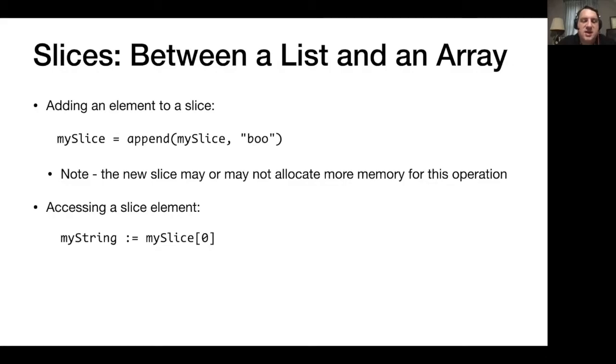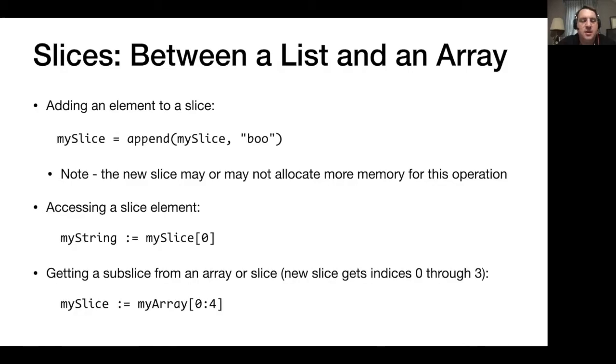To access a slice element, it's just like a normal array access. You put in square brackets which element you want. Go uses zero-based indexing. To get a subslice from an array or a slice, you put in your square brackets the starting index, colon, and then 1 after the last index.